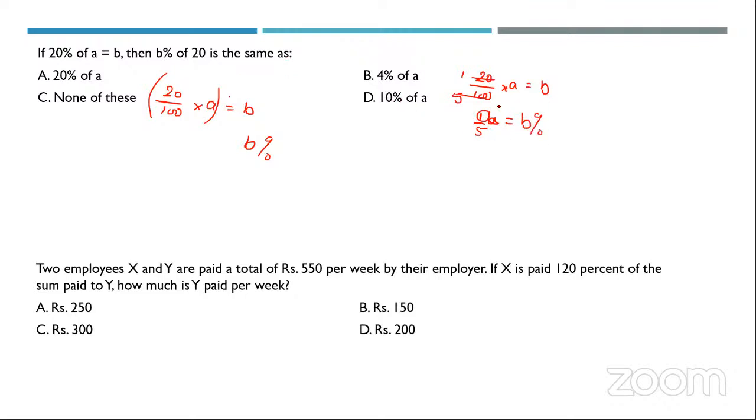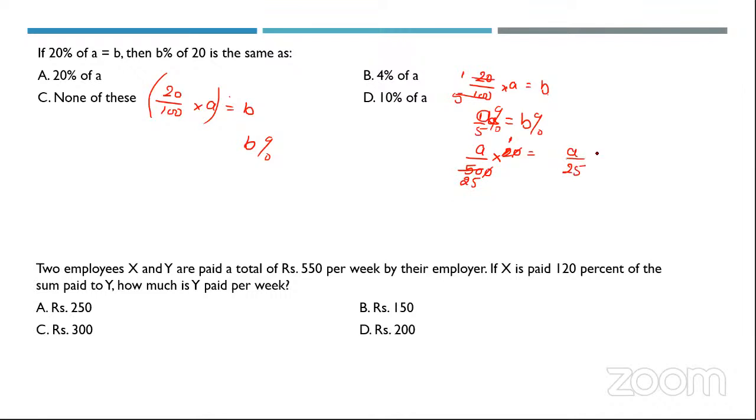B percent, if I add the percentage sign here also, it will be A by 500 of 20, which is equal to what? So this will get cancelled to 1 by 25. So your answer is what? A by 25.